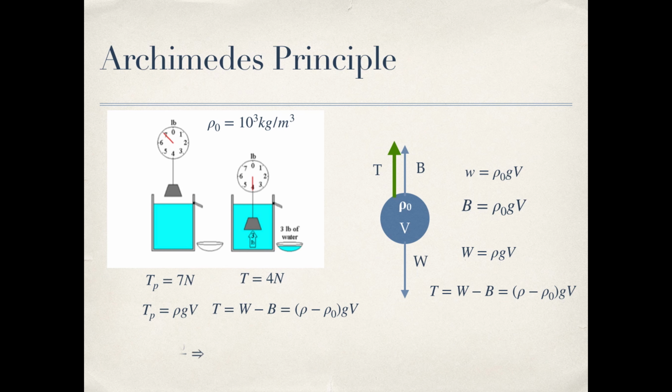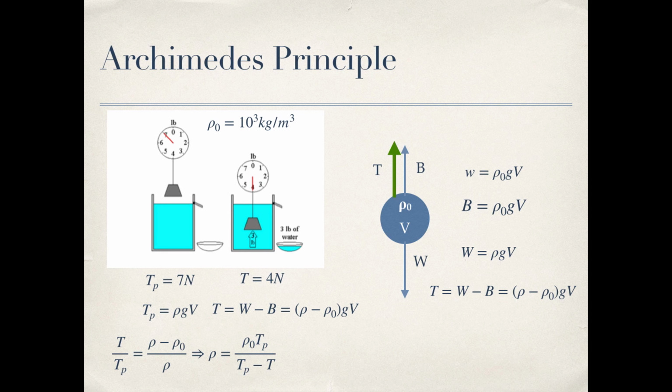So that's this formula. We can turn it around and calculate the density of the material, and it is the density of water times the traction, in the given formula.